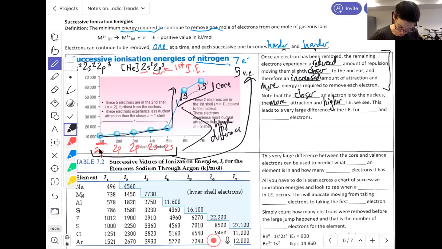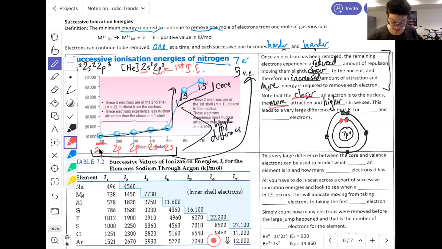If I was actually to draw a little Bohr diagram, there's our protons. There's our 2 electrons. 1, 2, 3, 4. And there's our valence electrons, right? So these electrons have more attraction because they are closer.